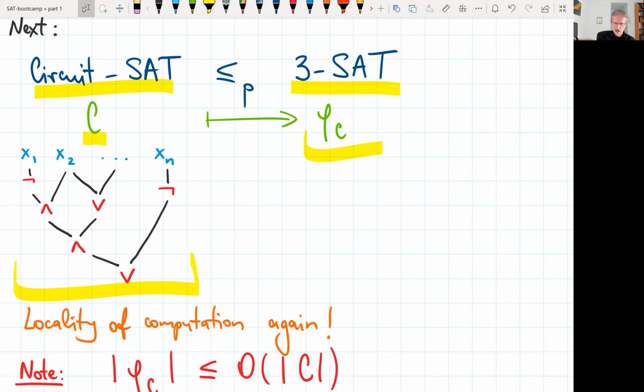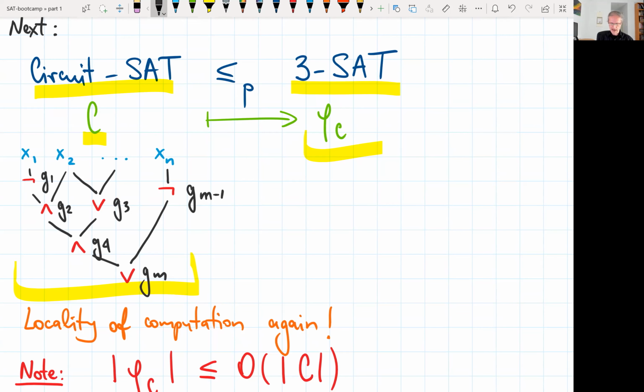Okay, so here's how we will do this. We'll basically introduce for each gate of the circuit a propositional variable. So we'll label each gate with some variable, let's say G1, G2, G3, G4, up to Gm-1, Gm.